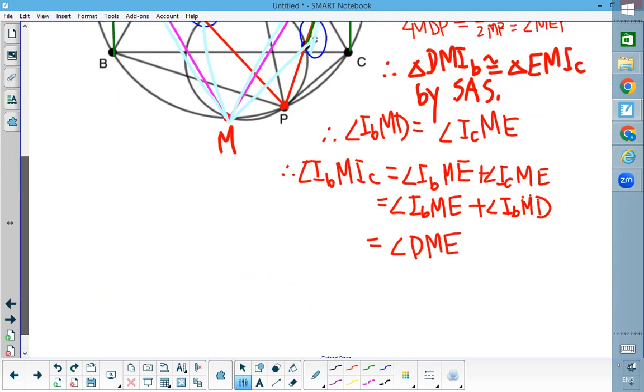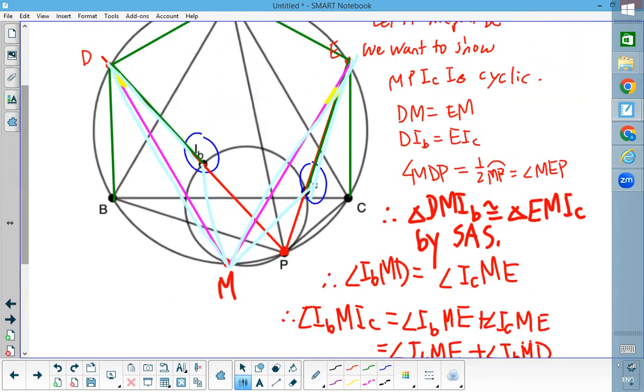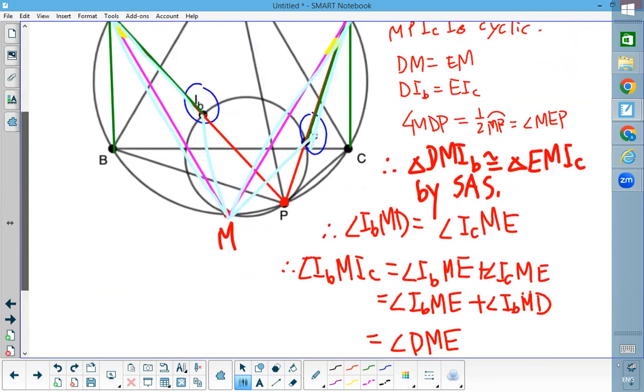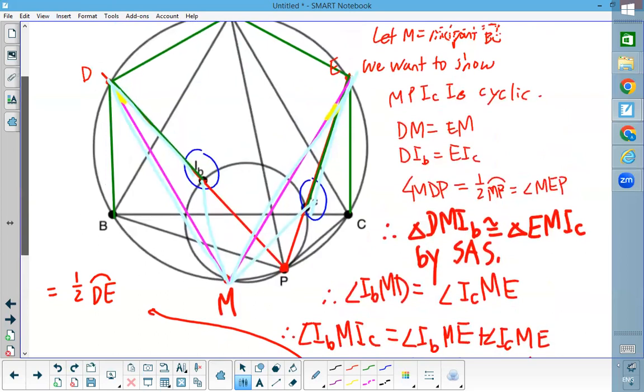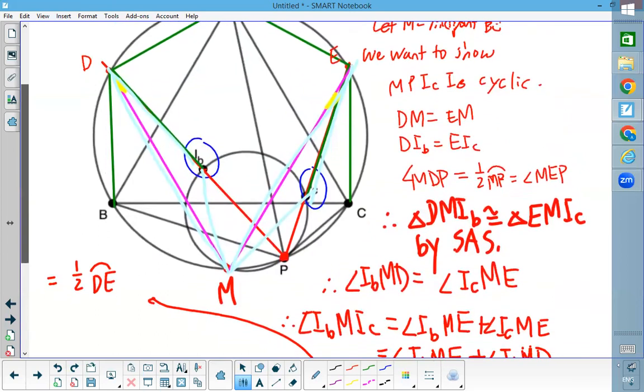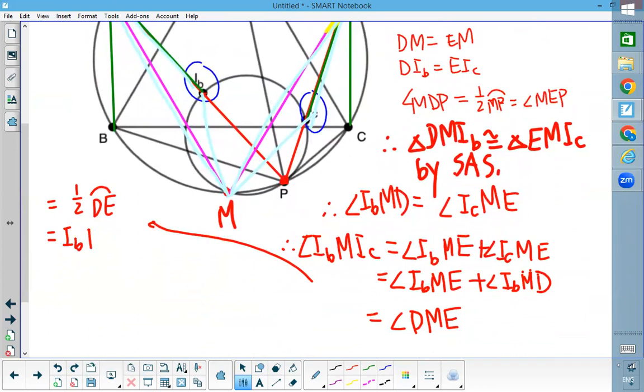But what's the angle DME equal to? That's equal to half of the arc DE, and half of the arc DE is simply equal to the angle IBPIC. So we just established that these two angles are congruent, and that is why the problem is done.